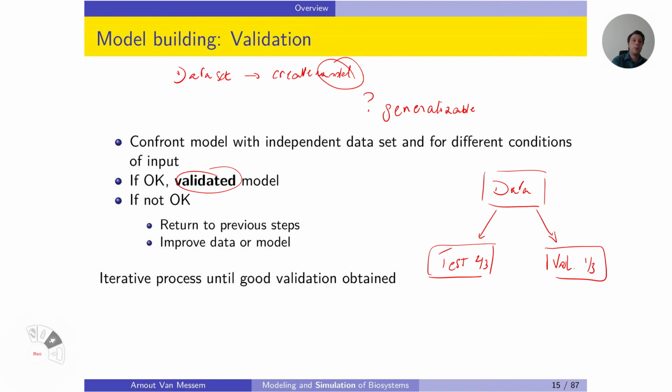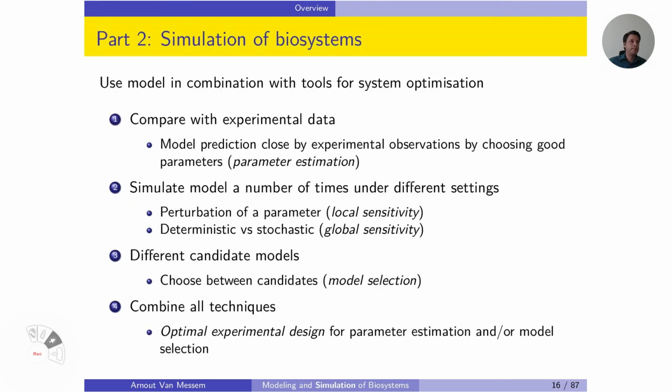You build the model based on the test set, and then you use the validation set to see if the model performs well on other data. Because you split before you make the model, test and validation set are independent, and you can use this idea to have, with one data set, a model created and validated at the same time. Well, in two different steps, but from the same data set.